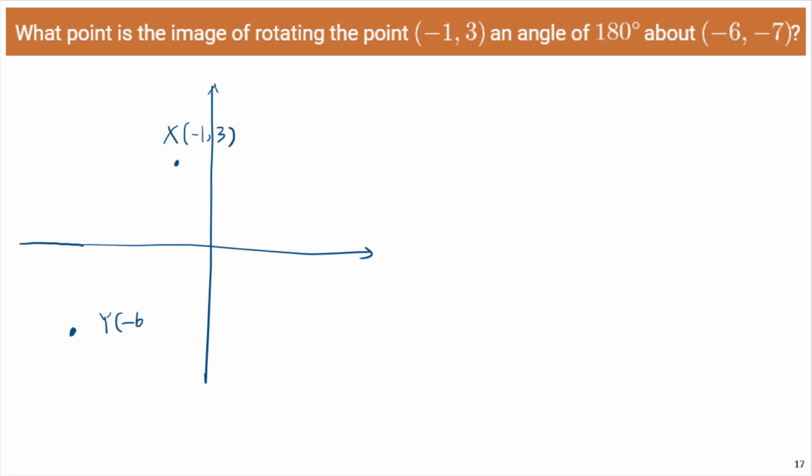Let Y be -6, -7. And the image of rotating the point X at an angle of 180 degrees about point Y is somewhere here. So let's call this point Z.